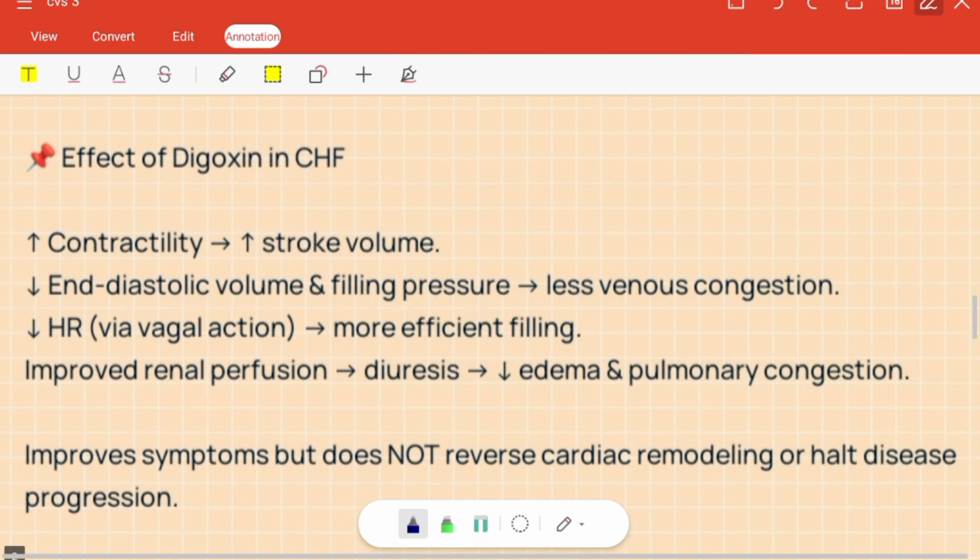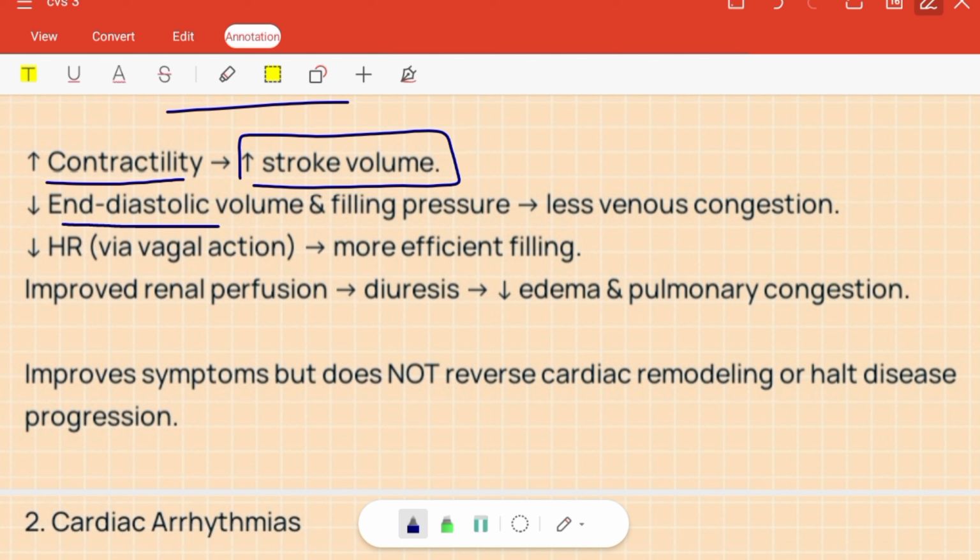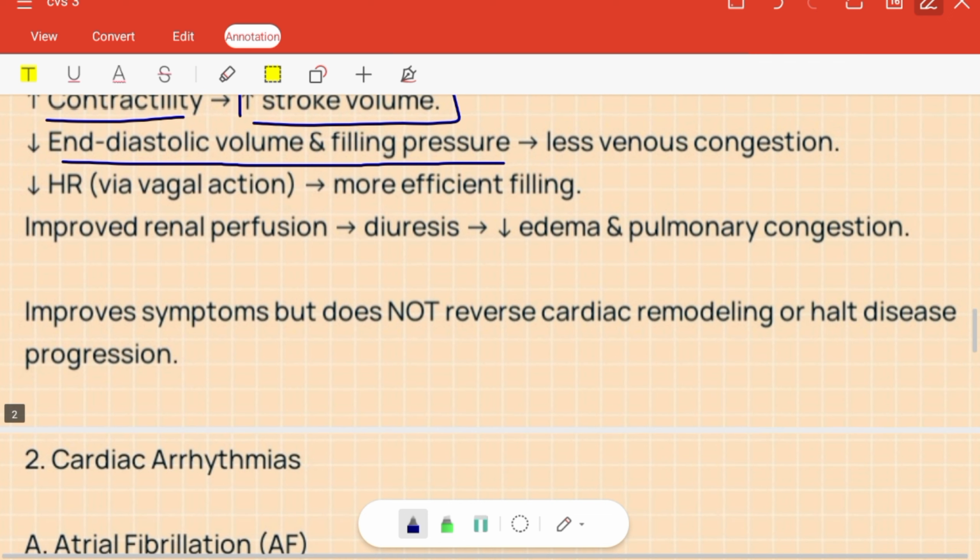So what is the effect of digoxin in heart failure? It increases the contractility, so that leads to increased stroke volume, and it causes a decrease in end diastolic volume and filling pressure, that causes less venous congestion or pooling of blood in the legs. Next, it decreases the heart rate by increasing the vagal stimulation, so that causes more efficient filling.